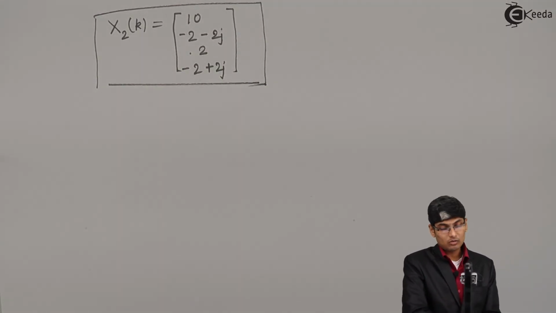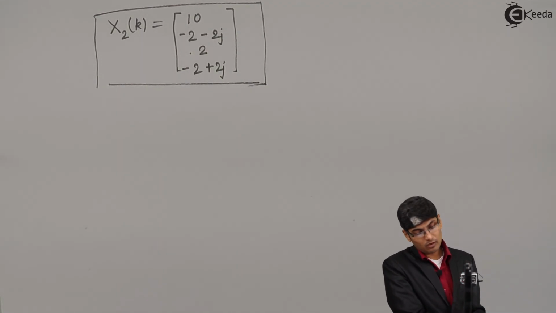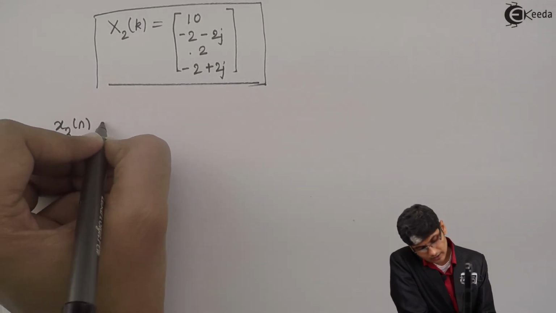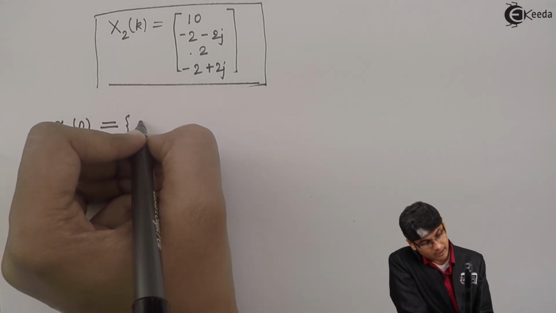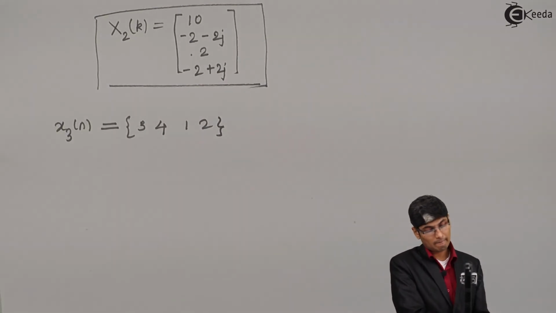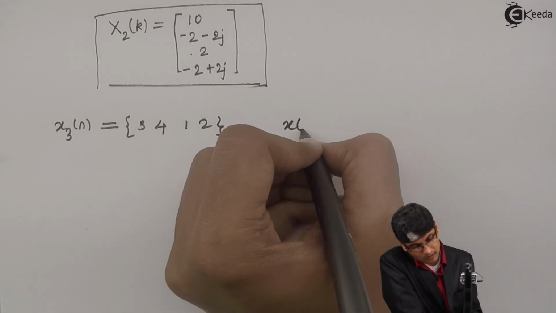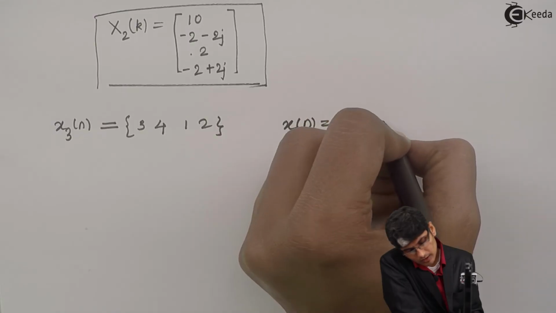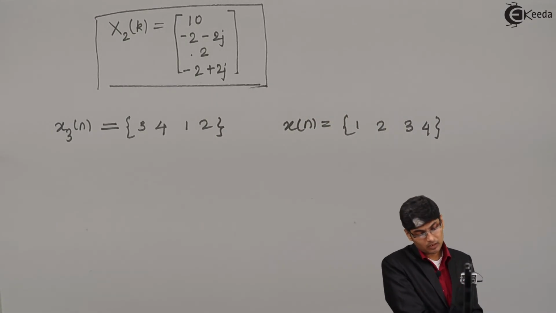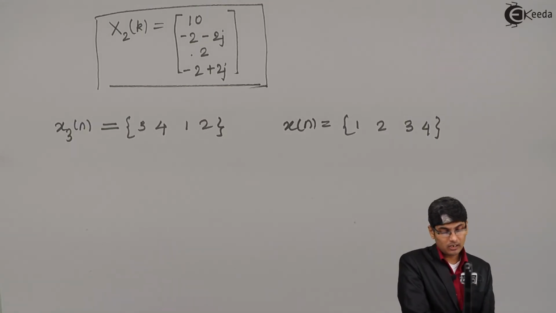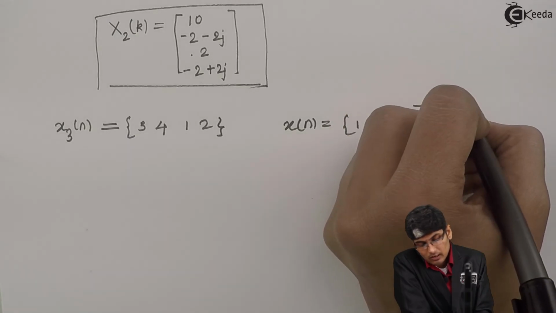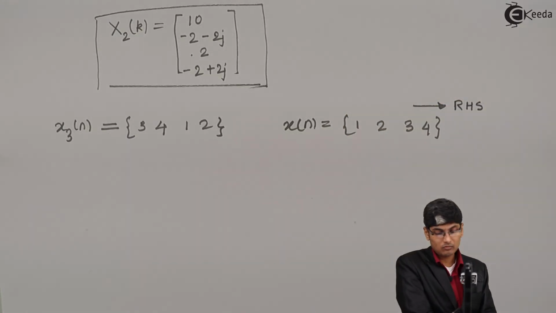Okay. So, similarly, we can go for X3 of n. Now, X3 of n is given as 3, 4, 1, 2, whereas our X of n is 1, 2, 3, 4. So, now here if I shift the signal X of n to the right hand side, what will happen?